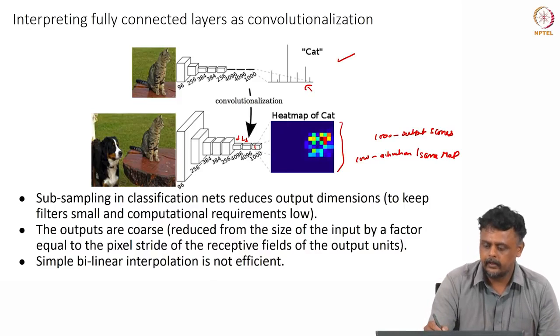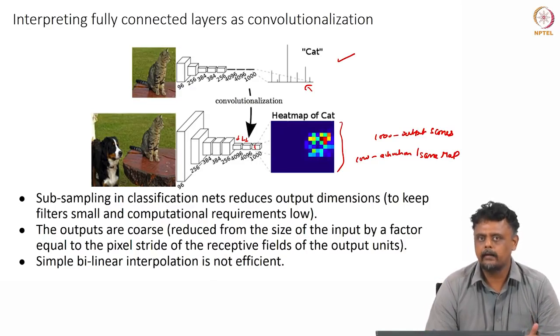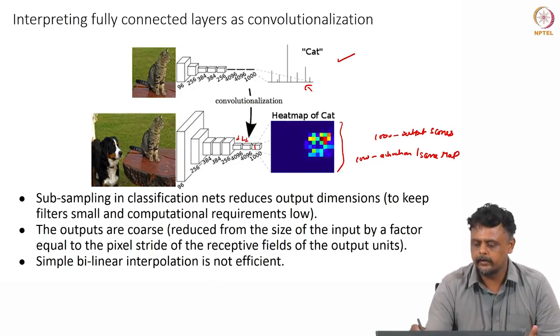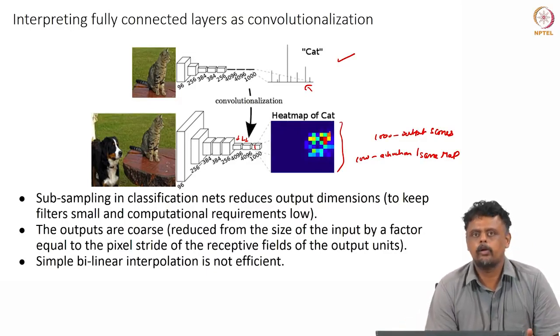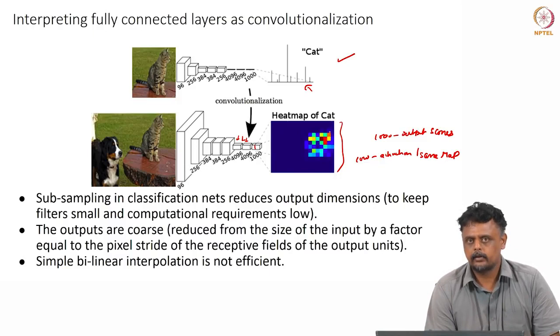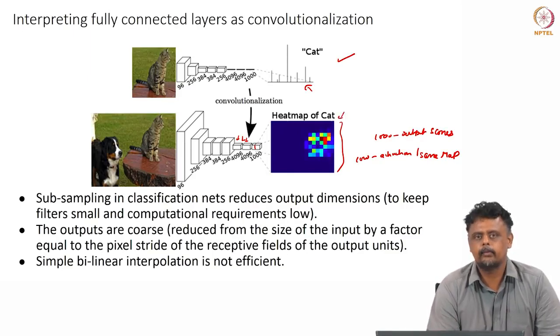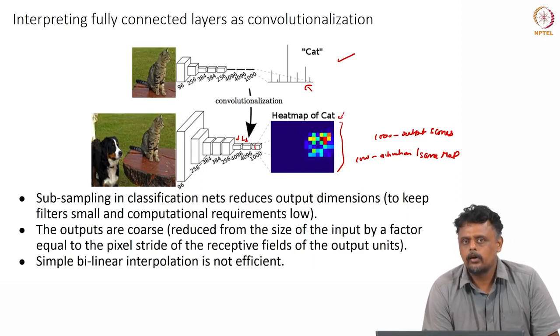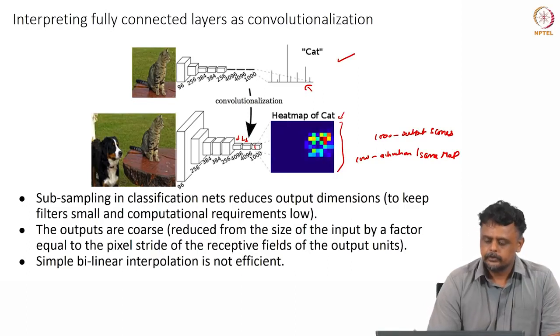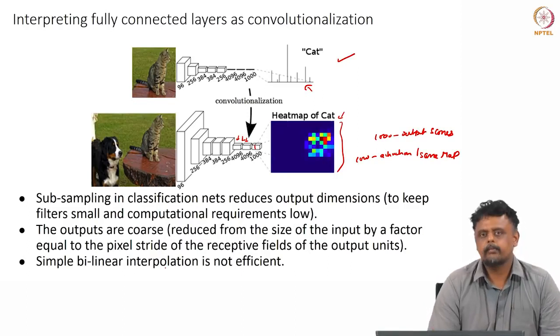So the nth map will correspond to cat, and if you pull that out and inspect the values, each of these would correspond to the probability of that pixel being a cat. Okay, so now for an input image, if you look, this image is smaller than the input image, so we have a slightly coarser or subsampled version of your probability scores. So this is the problem that we will address.